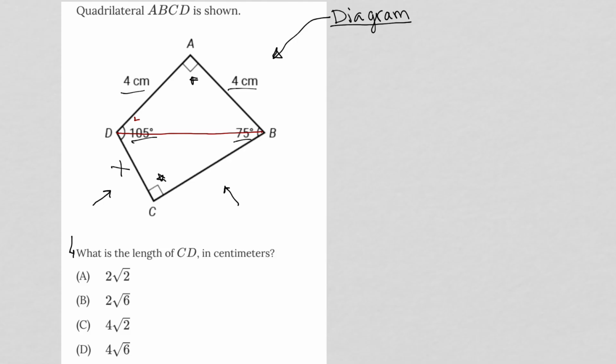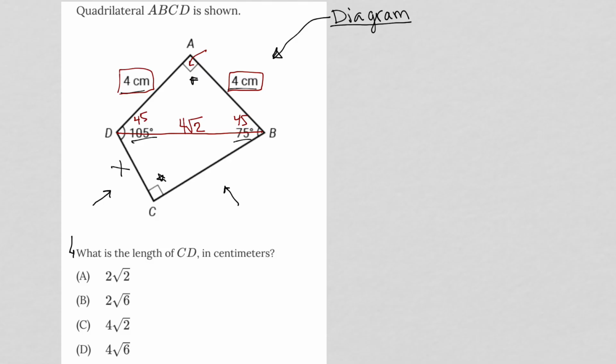And again, I don't know if this is going to work, but when I draw that diagonal, given that these two side lengths are equal and this angle is 90, I know I have an isosceles right triangle. So I have 45, 45, 90, which means the length of D to B must be 4 square root 2. So that is something that I know that the question did not give me, and I'm hoping that can be helpful.